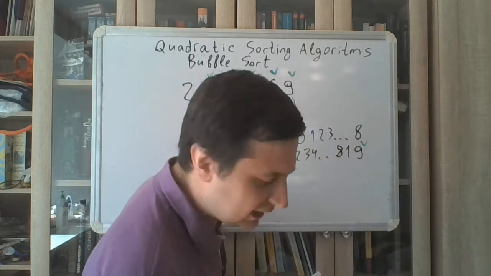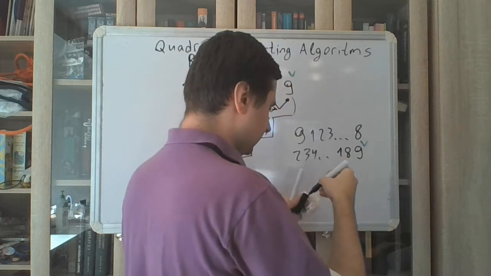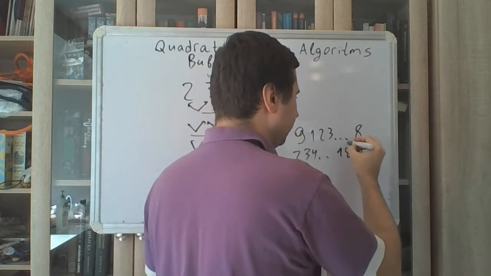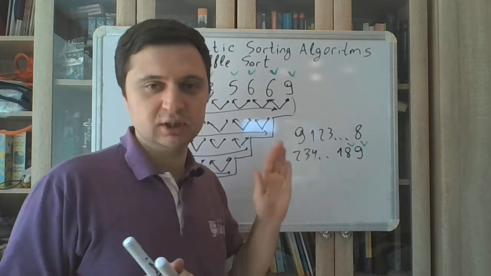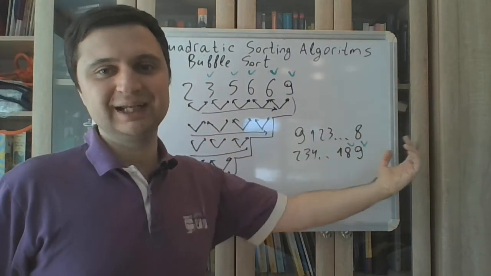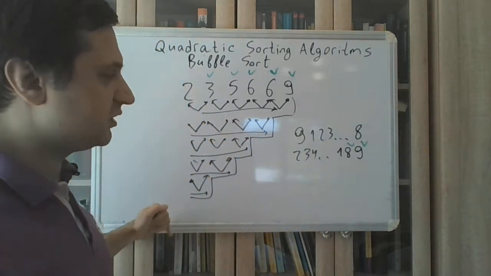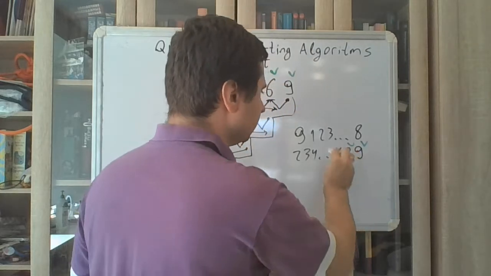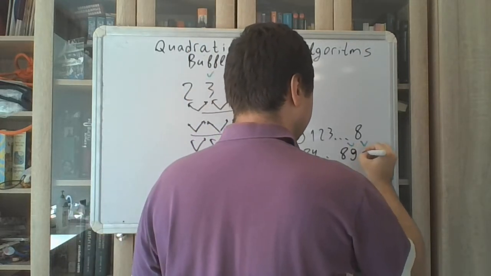So it will put an 8 into its wonderful position as it promised, but it will make not many changes, and so on. So each long iteration will just move the 1 one position more to the left, and we'll have to do all these iterations. So it will work in honest quadratic time.